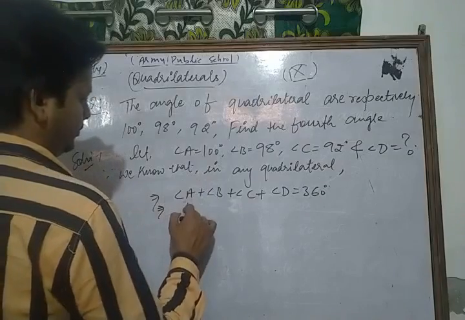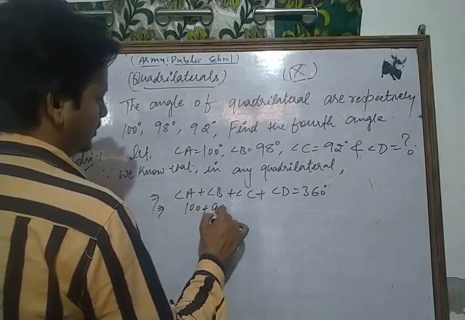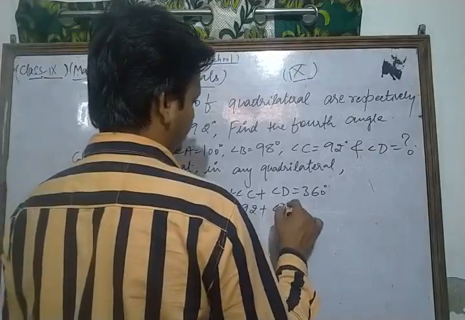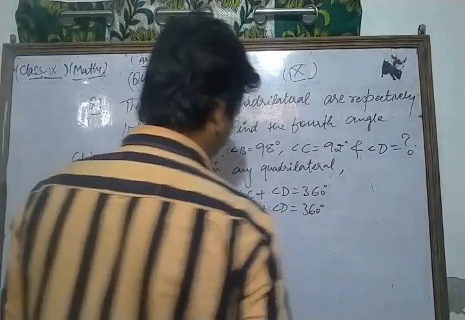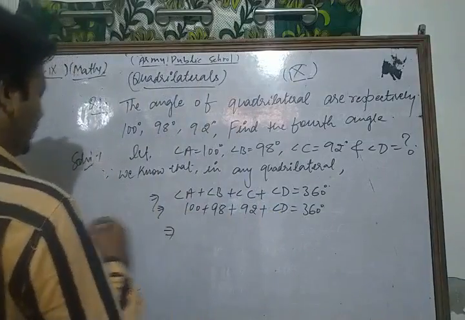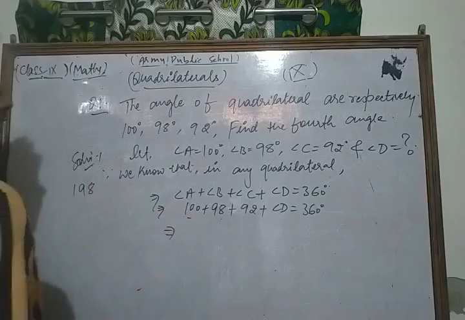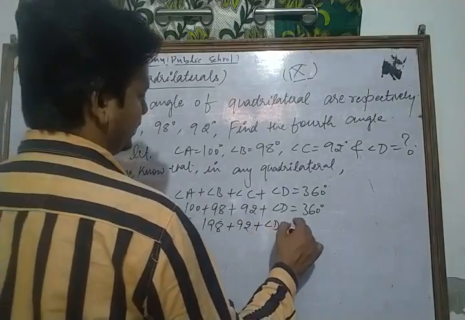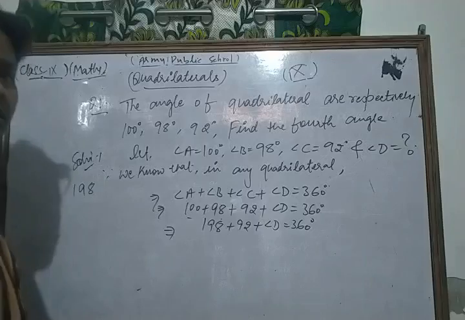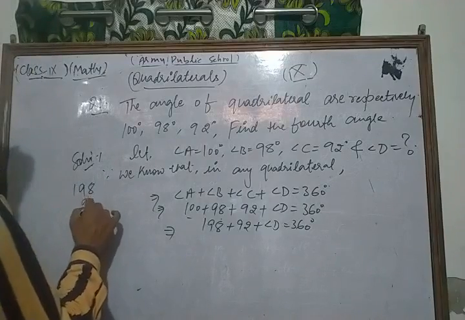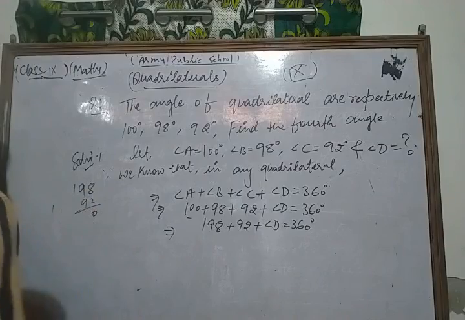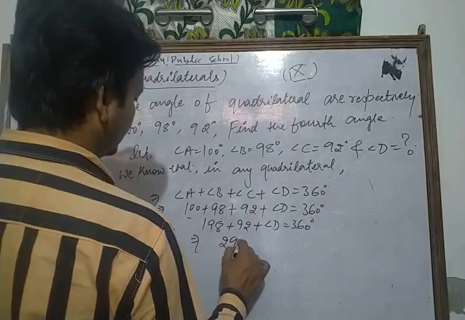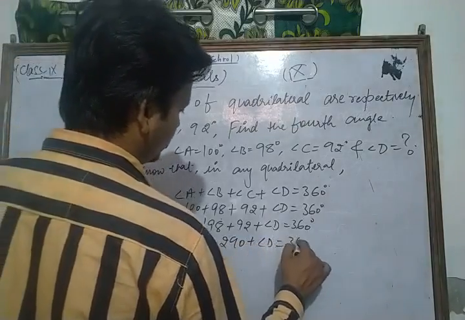Now putting the values of A, B and C, we get 100 plus 98 plus 92 plus angle D is equal to 360. So we get 198 plus 92 plus angle D is equal to 360. From there we write 290 plus angle D is equal to 360.